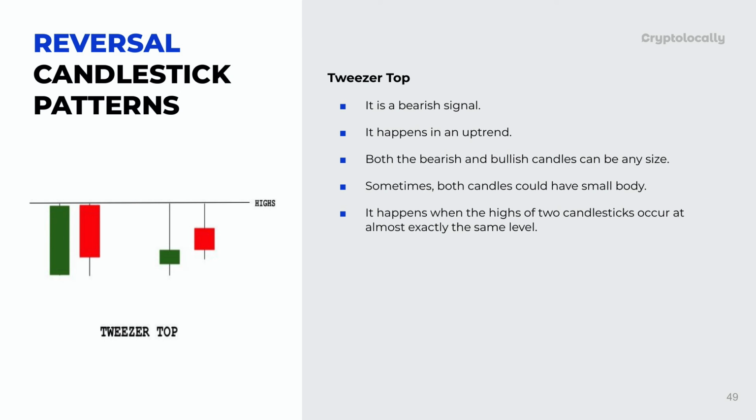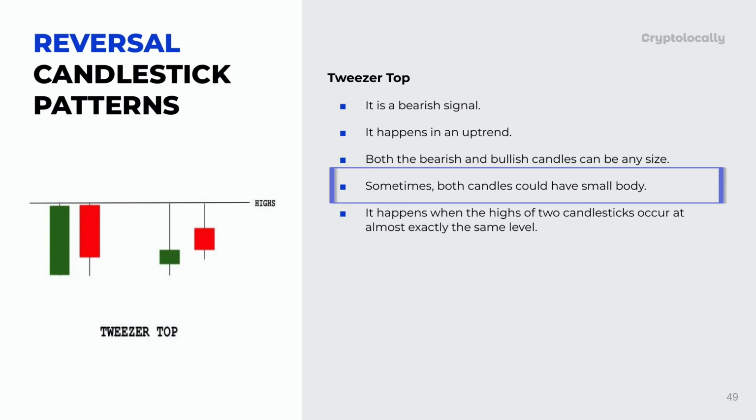So far you see that the highs of both candles are at the same point or are at the same level, it means that is a tweezer top. You want to be looking for this in an uptrend. You want to be looking for them at resistance. So at resistance, when you see 2 candles with the same highs, that means that's a tweezer top, and there's going to be a reversal in trend very soon.